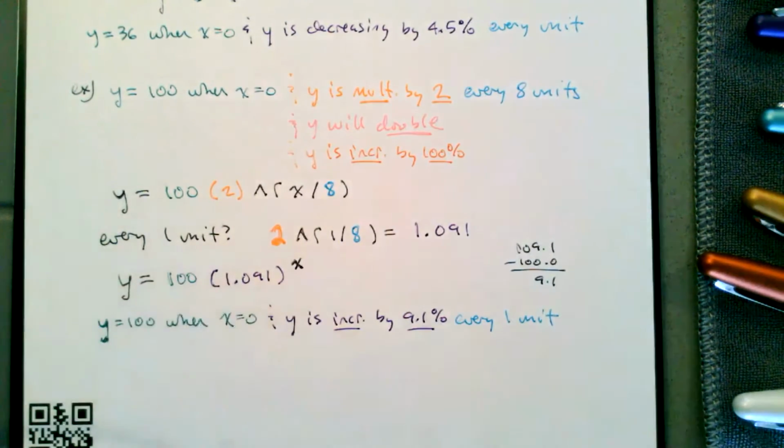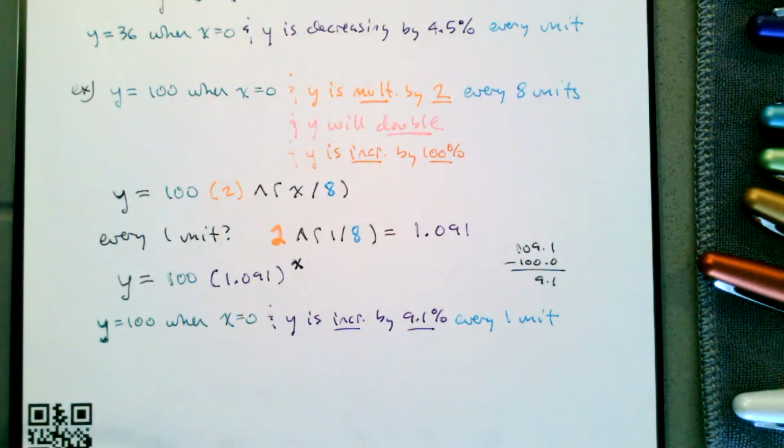So these are all ways of describing the same increase. Y is equal to 100 when x is 0, and y is multiplied by 2 every 8 units is the same as y is equal to 100 when x equals 0, and y is increasing by 9.1% every 1 unit.